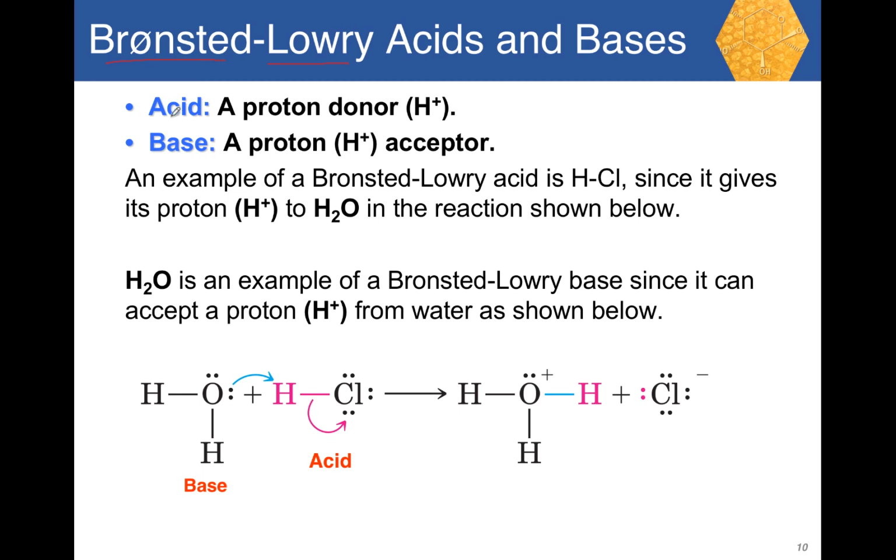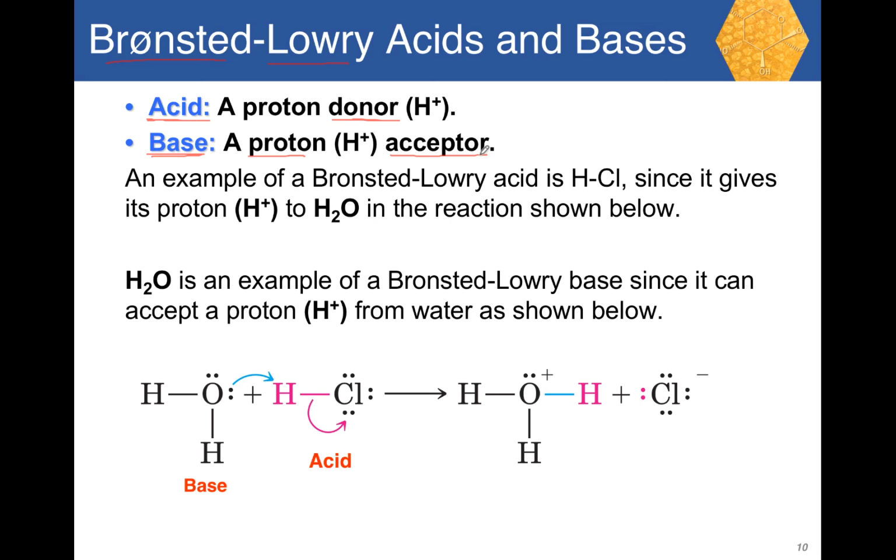So what Bronsted-Lowry discovered was that a Bronsted-Lowry acid is a proton donor. Essentially the same definition as Arrhenius. But a base is a proton acceptor. So a base will accept a proton. So this is a slightly different definition.